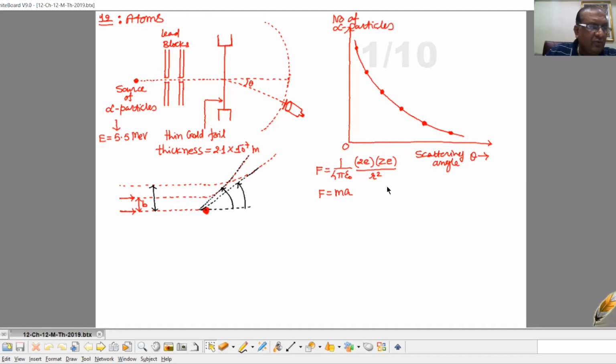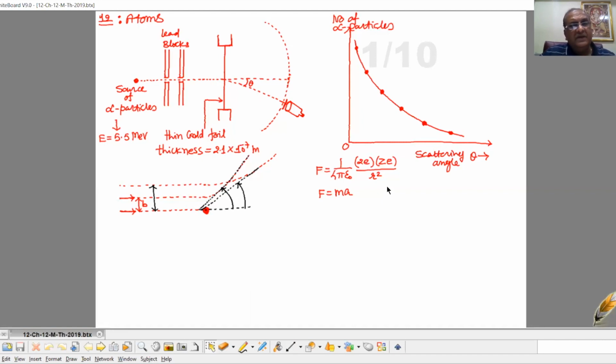See, the equation is N equal to N0 small n into s into Ze square upon mv square into 1 upon sin raised to 4 theta by 2.